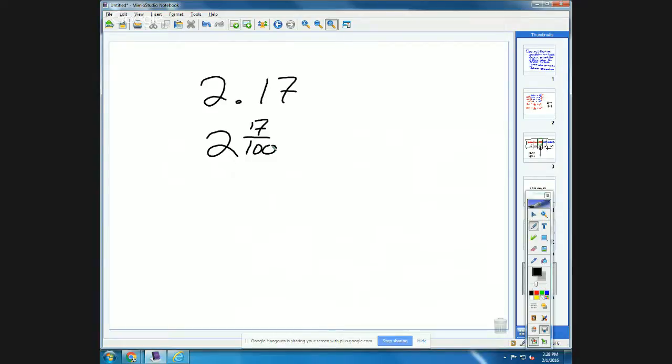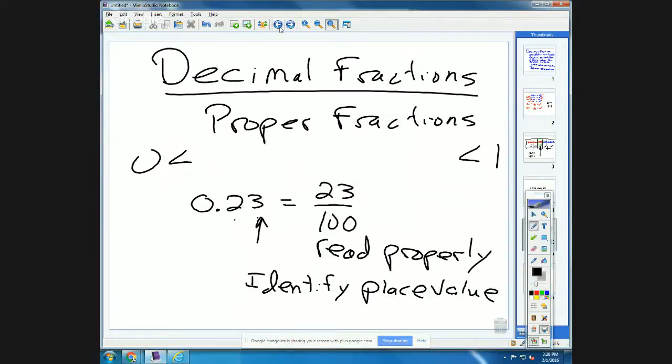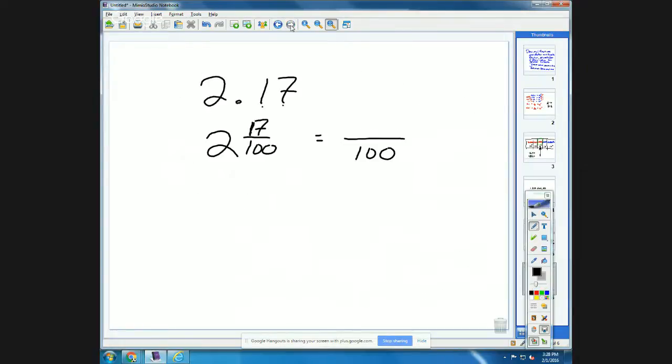Or, if I take a different perspective from the previous problem, where I identified that's tenths, that's hundredths, and then once I identified the denominator, I just wrote the numerals for the numerator, forgetting about the decimal. Well, why can't I do that here? Why can't I say this is just 217 hundredths? So we have two ways to deal with improper fractions from decimals, the mixed number version and the improper fraction version.